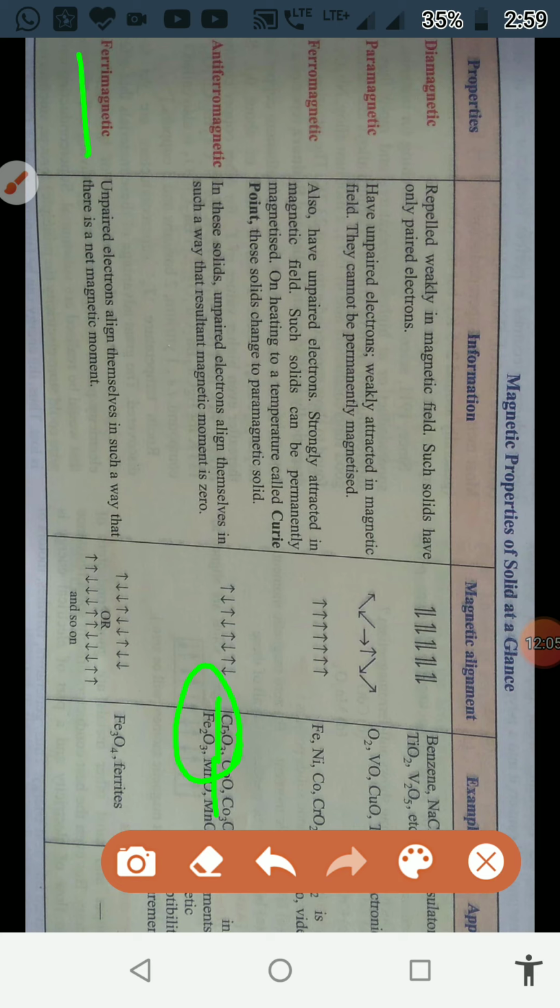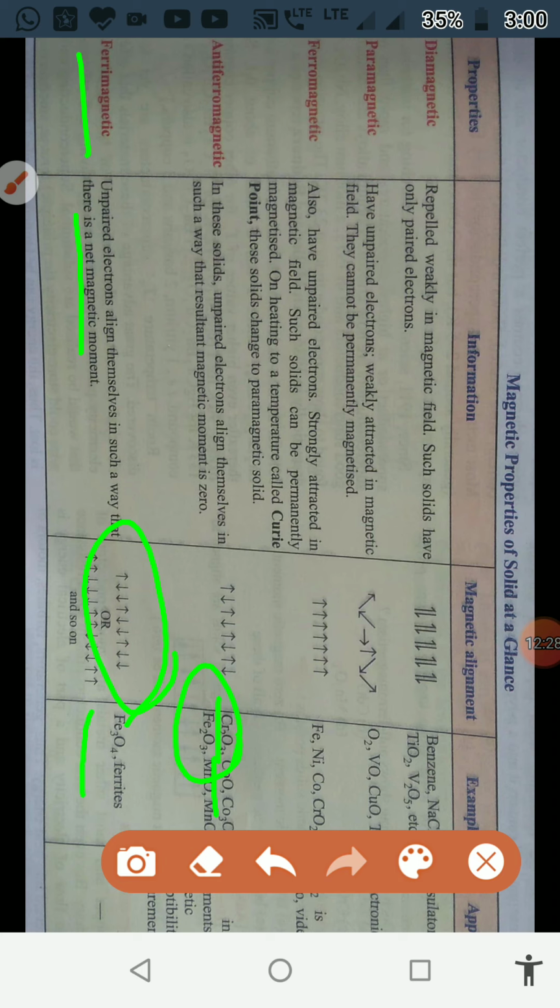Ferrimagnetic substance. A ferrimagnetic substance is a solid expected to have a high magnetic moment, but it shows a very low net magnetic moment because an unequal number of domains are oriented in the same direction.